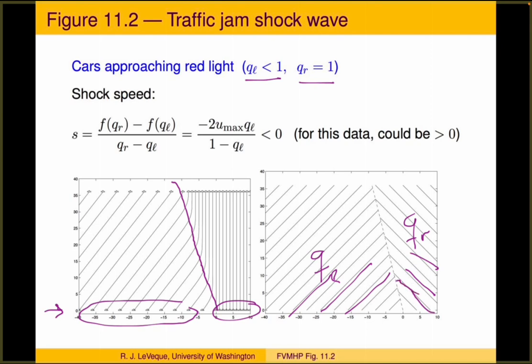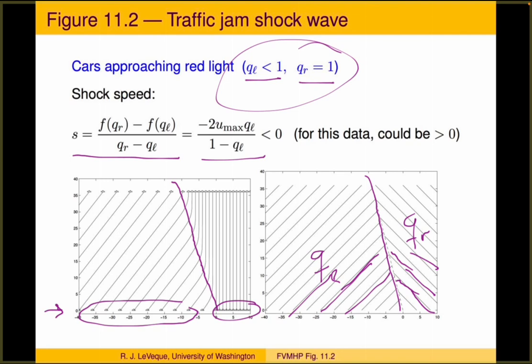But then in this case they're impinging, and we have to insert a shock wave. And at the shock wave, the Rankine-Hugoniot condition has to be satisfied. Since the states to the left and the right of the shock wave are always QL and QR, the speed at which the shock wave is going is also constant. That's a straight line, and it has this constant speed. And for this particular data here, that speed is negative.